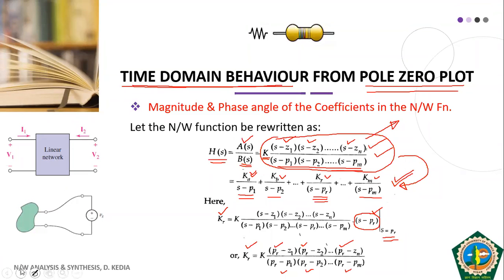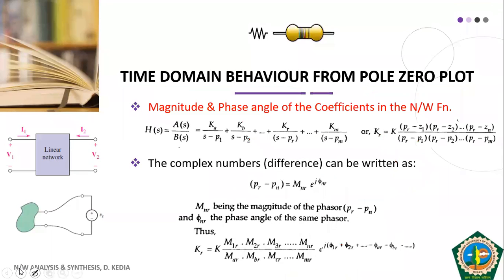Now let us move forward. Just for your reference, I have reproduced the expression that I wrote in the previous slide. Now we have to determine the value of kr graphically using pole zero plot. Let us see how we do that.